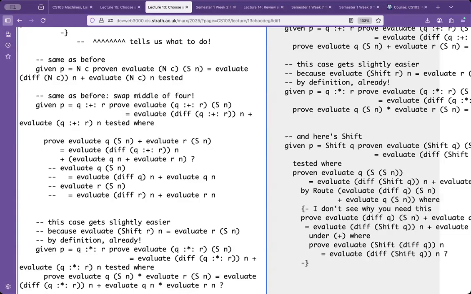What can you see on the left-hand side of the goal? You can see the left-hand sides of the induction hypotheses. And if you look at the right-hand side of the goal, there's some stuff that we don't know what it is yet, but you can see a couple of bits and pieces, evaluate Qn and evaluate Rn, that we would love to see. We'd love to get those to appear on the left-hand side, because then we could cancel them.